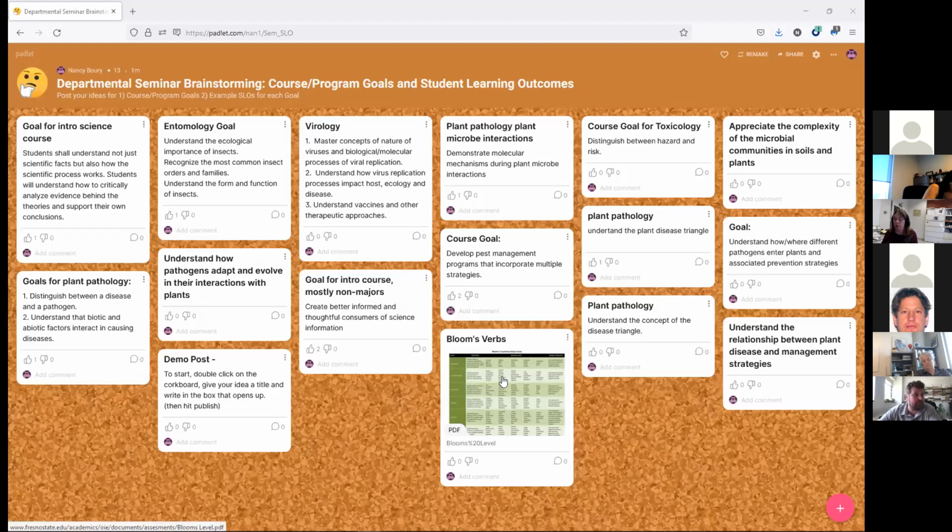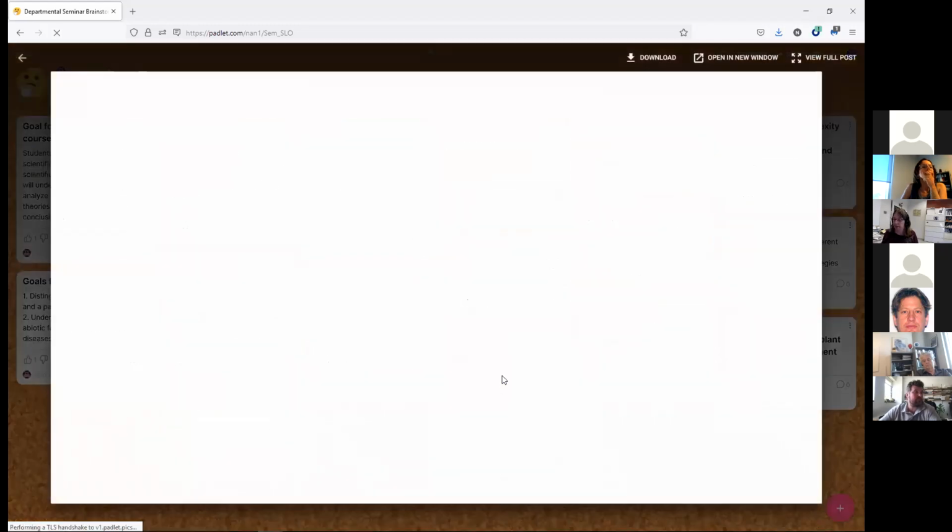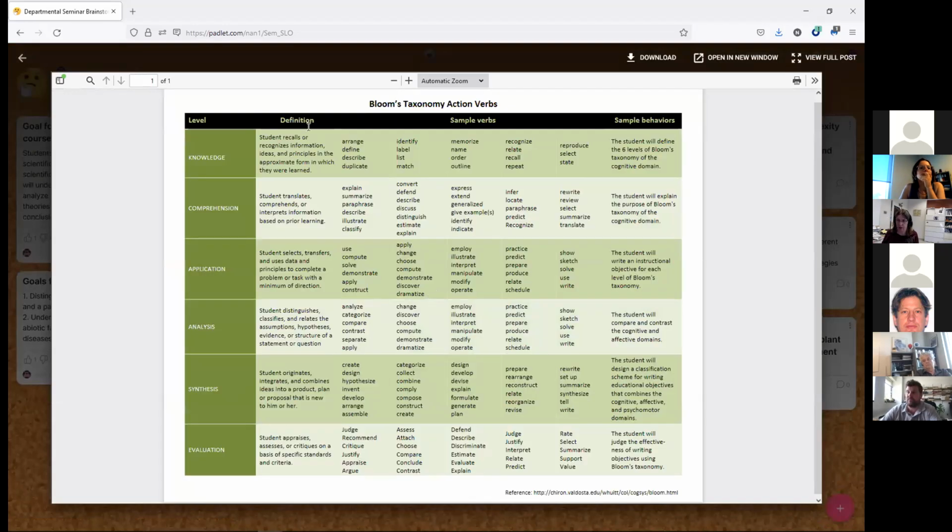And if you're wondering what verbs to use, if you have to do a measurable outcome, one of the things I added was Bloom's verbs. So what the definition, and this is Bloom's taxonomy, knowledge to evaluation. The lower order ones are knowledge and comprehension, and the higher order ones are application to evaluation.